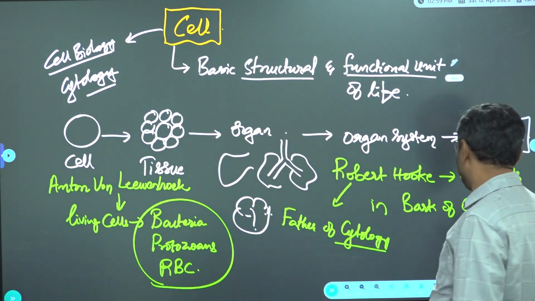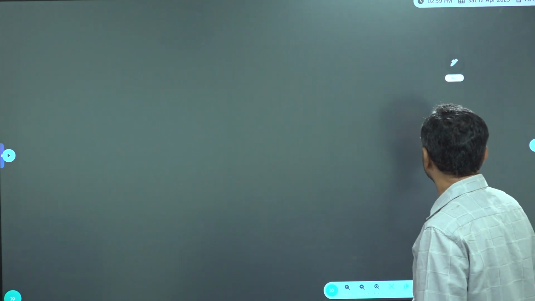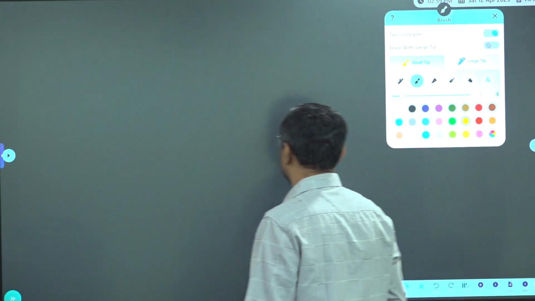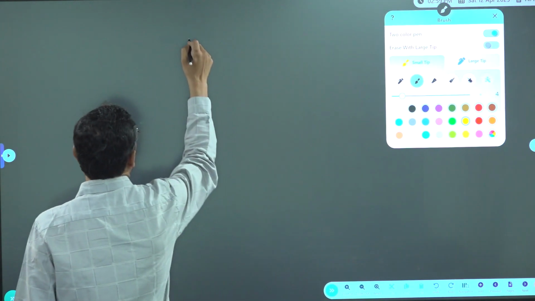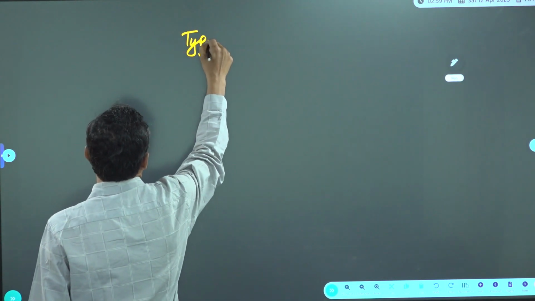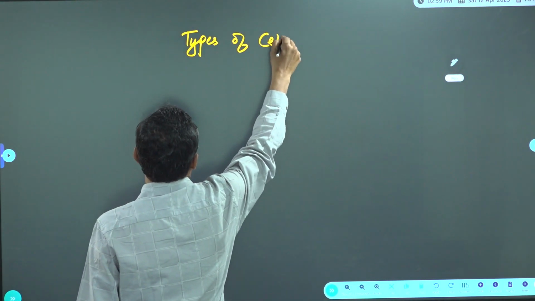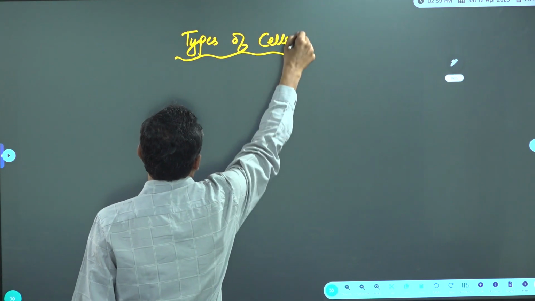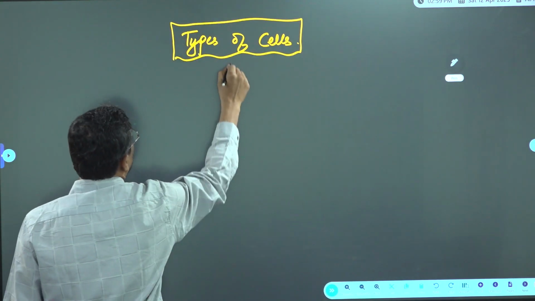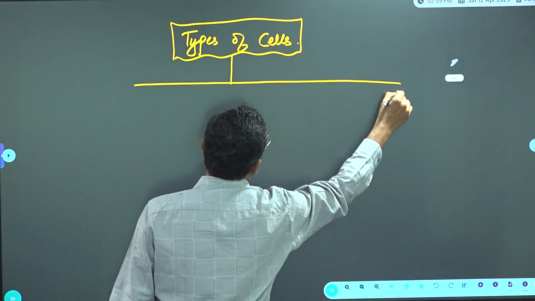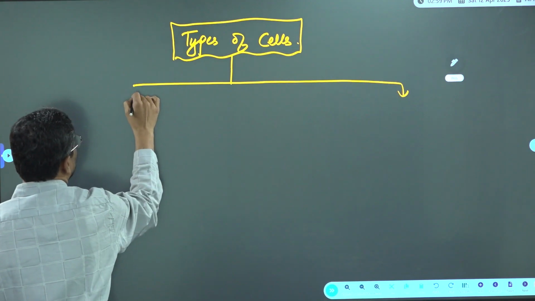Right. So let us see types of cells. The cells are broadly divided into two types, based on the structural organization.